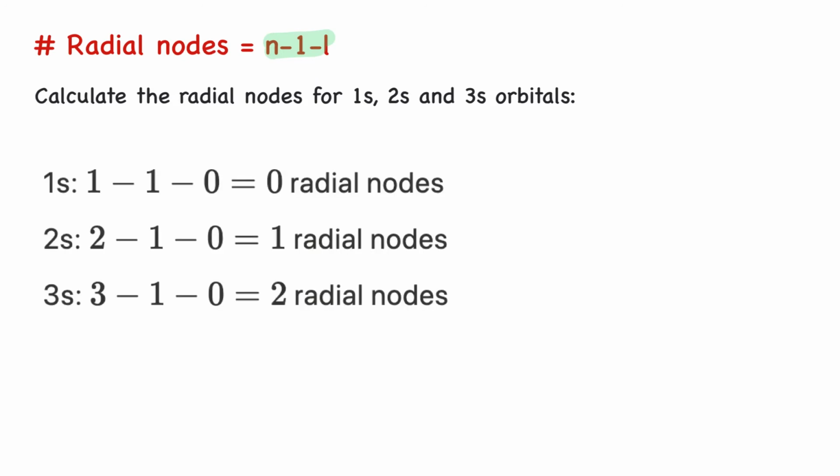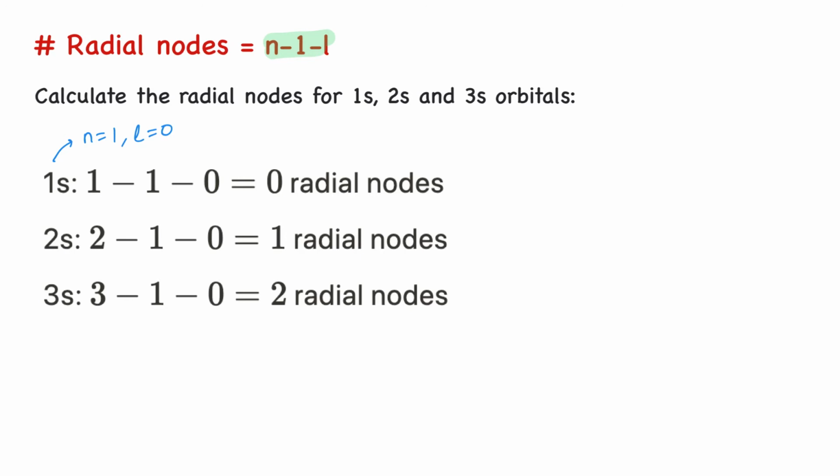The formula is number of radial nodes equals n minus 1 minus l. For the 1s orbital, the n value is 1 and the l value is 0. Substituting these values into the formula, we get 1 minus 1 minus 0, that is 0 radial nodes.